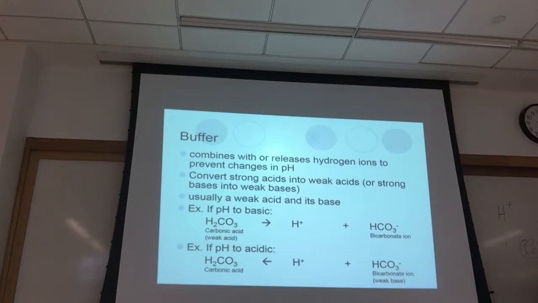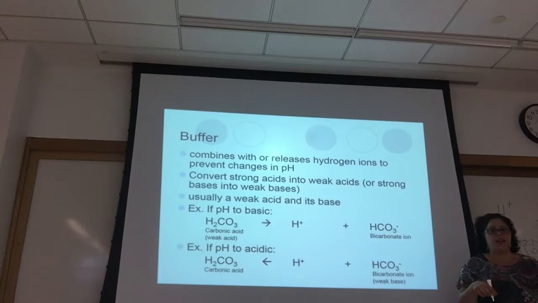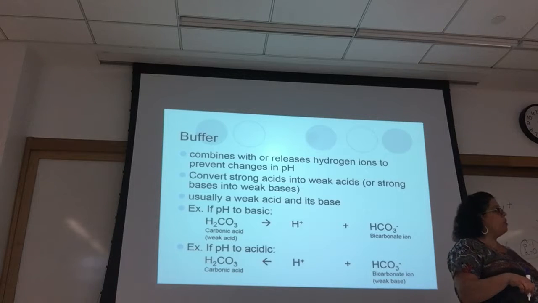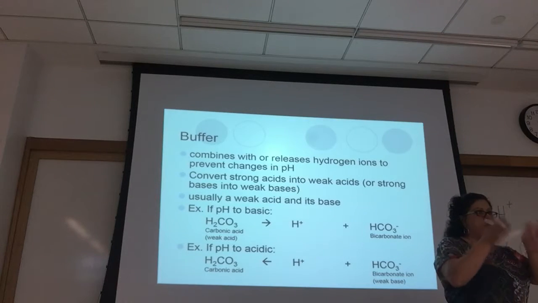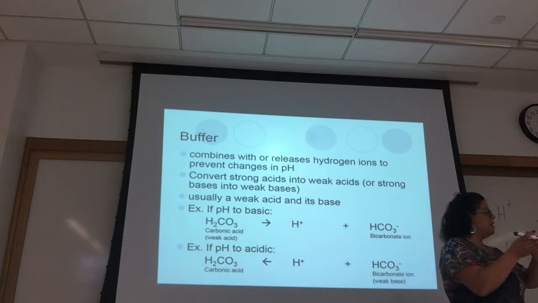If the pH of your blood, that I said before was about 7.42, goes a little bit too acidic, 7.3 or so, or a little bit too basic, then the buffer systems within your body act just like those in chemistry to combine with the extra hydrogen ions or the extra hydroxide ions and put the pH back where it's supposed to be.